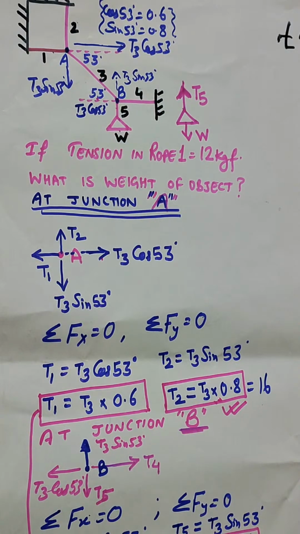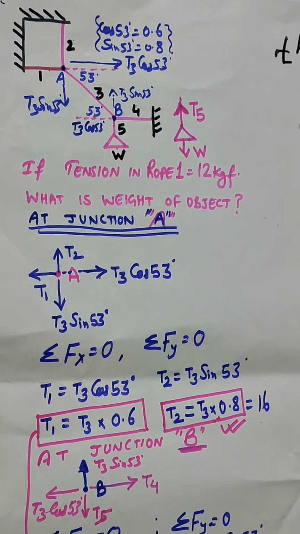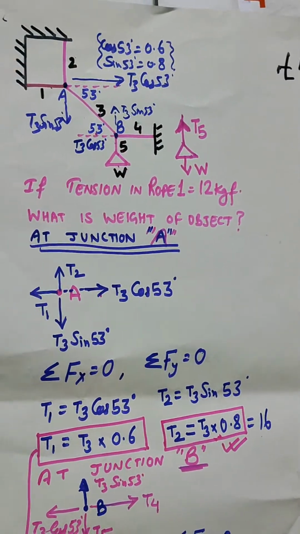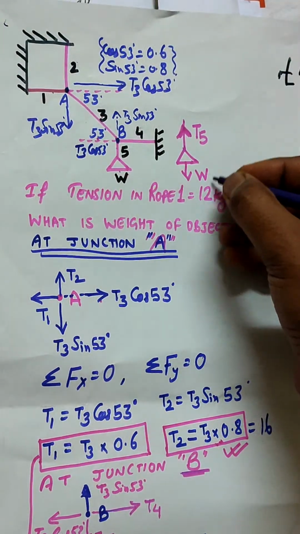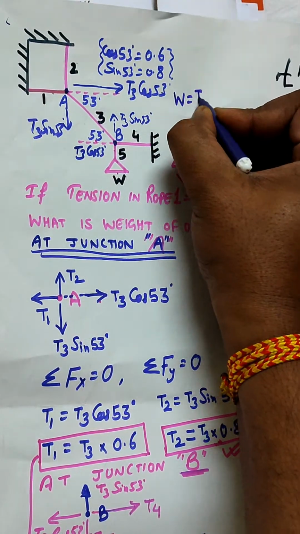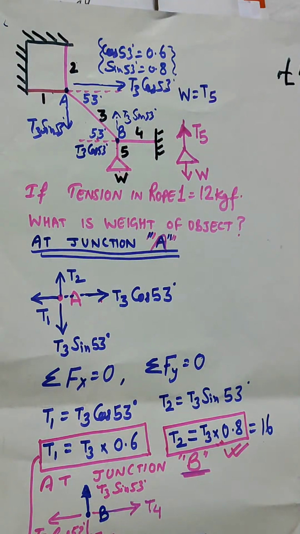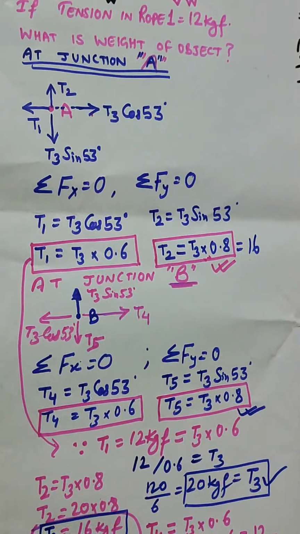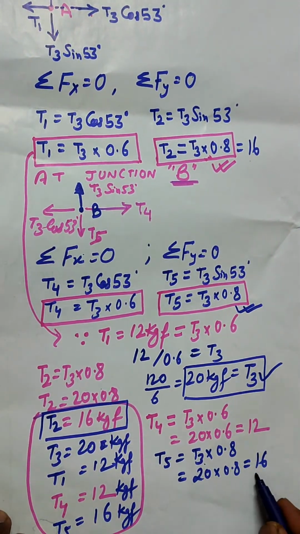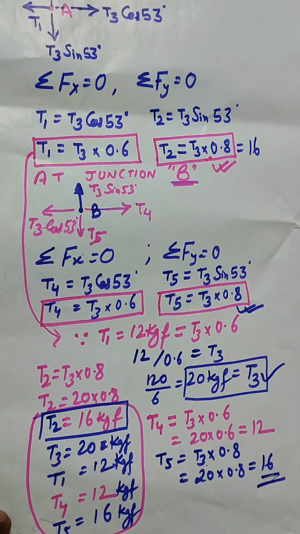So from here we can say W is equal to T5, and the value of T5 we have already calculated. The value of T5 is 16 kgf.